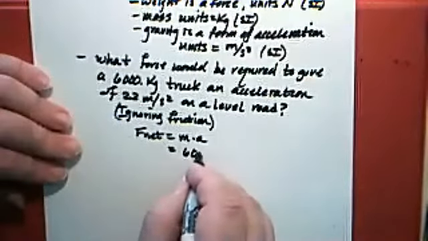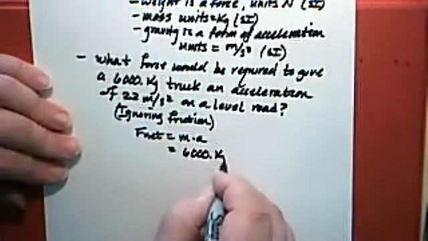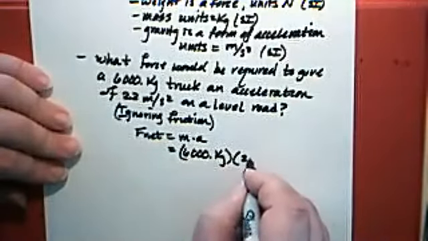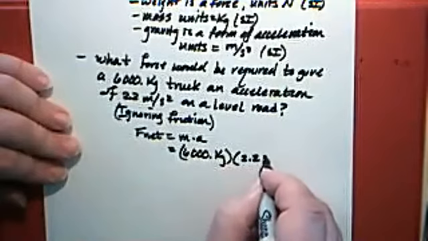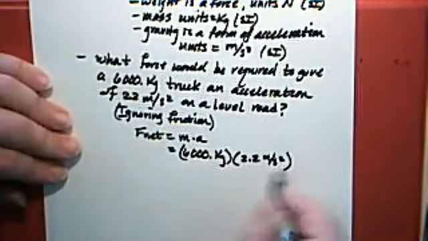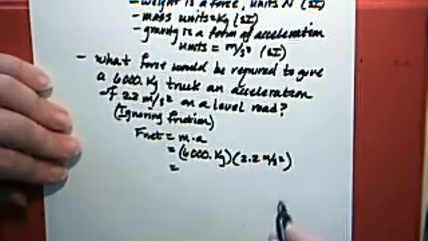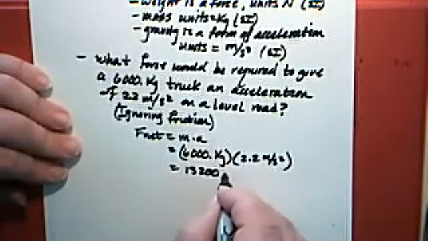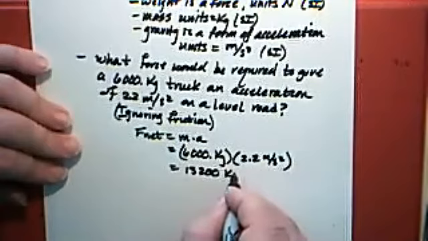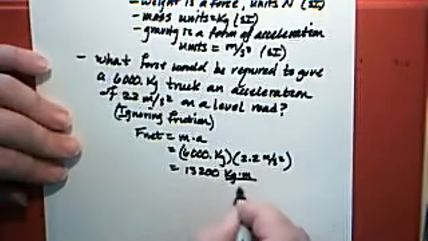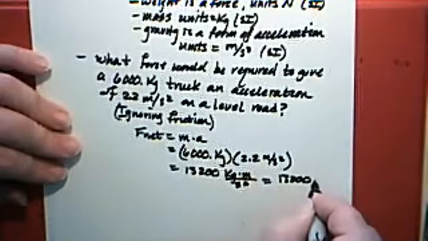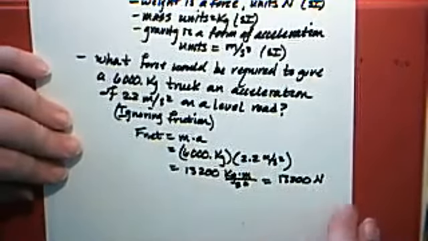The mass is just 6,000 kilograms, and the acceleration is 2.2 meters per second squared. And when you multiply that out, you get 13,200 kilogram meters per second squared, which is 13,200 newtons.